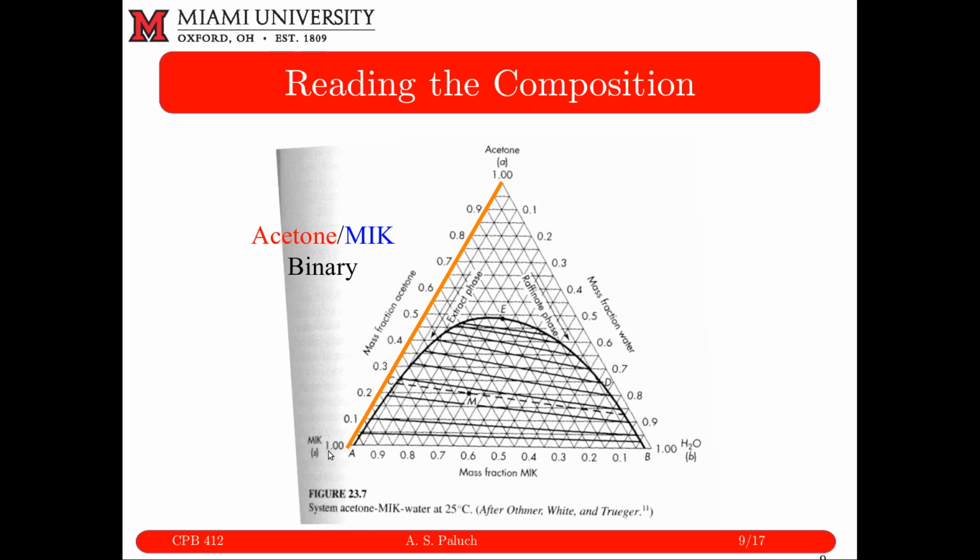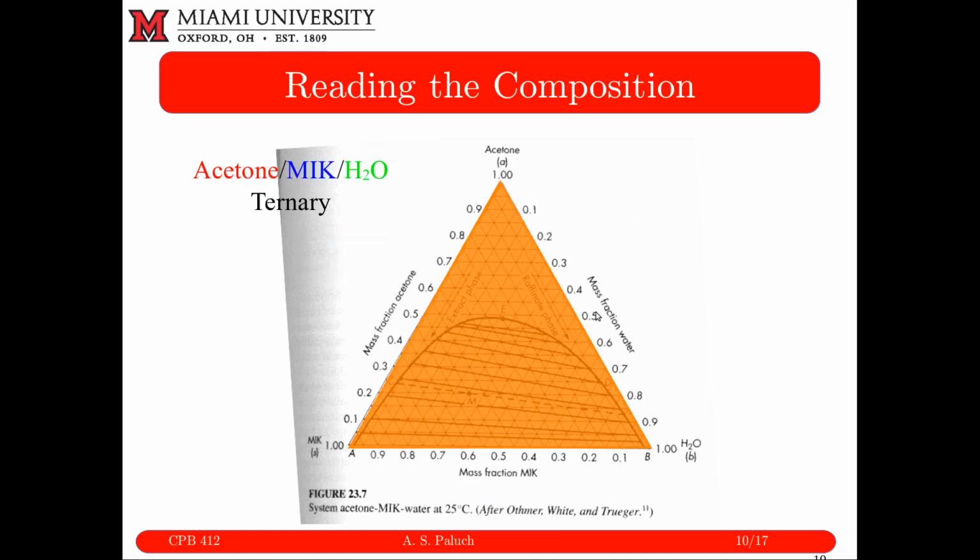So it's a binary mixture of acetone and MIK. Look at the bottom axis, MIK and water. This would correspond to a binary mixture of MIK and water. And if I look at my other side, between acetone and water, this would correspond to a binary mixture of acetone and water. Cool. So those axes correspond to binary mixtures.